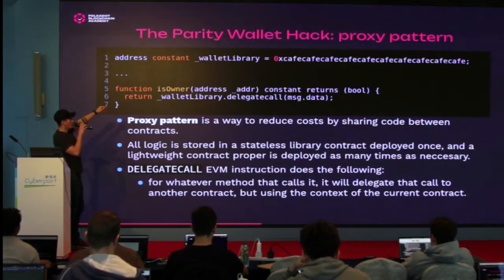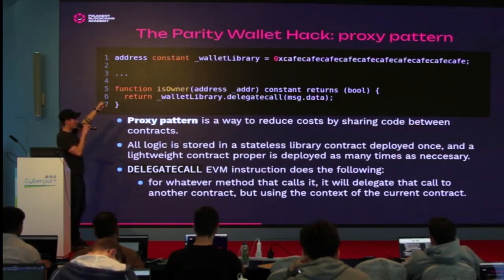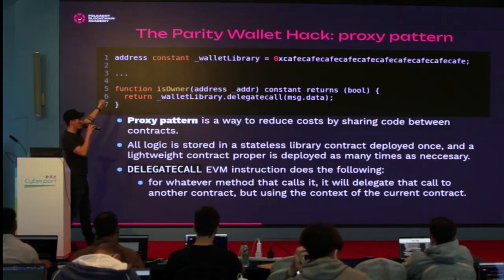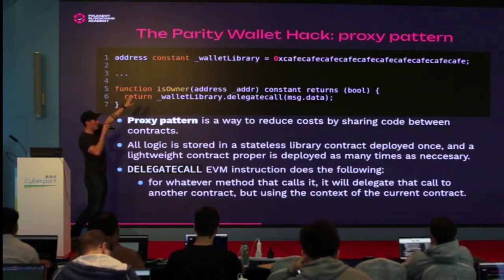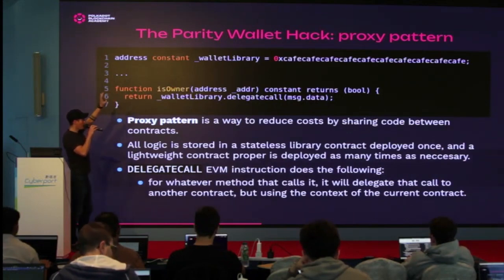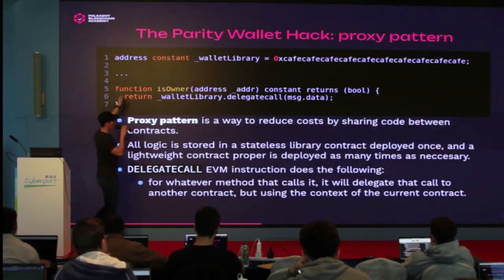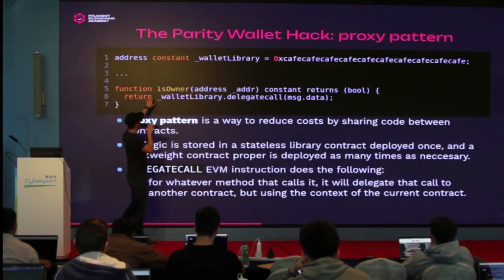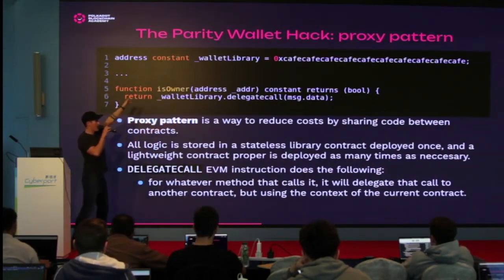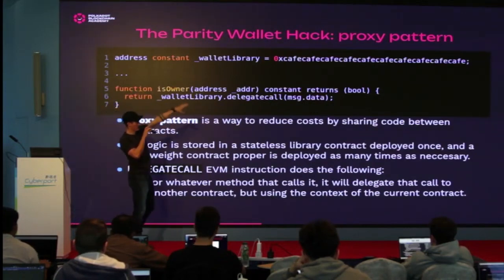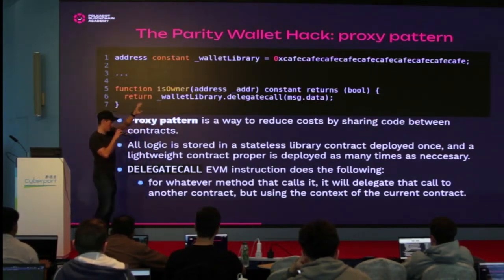The way it works is you have a contract that acts as a pointer to a library contract that stores the logic. And every call that you make within that contract is basically done by a delegate call to the library. So in the first place of your storage, you just store the address of this library contract that contains the logic.